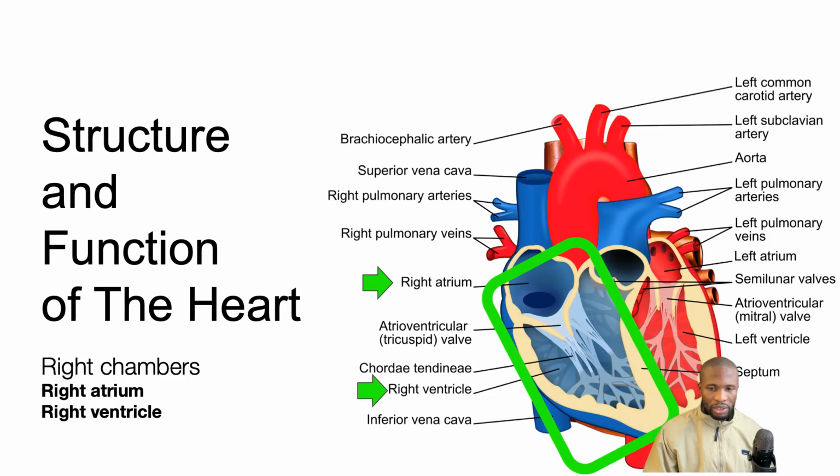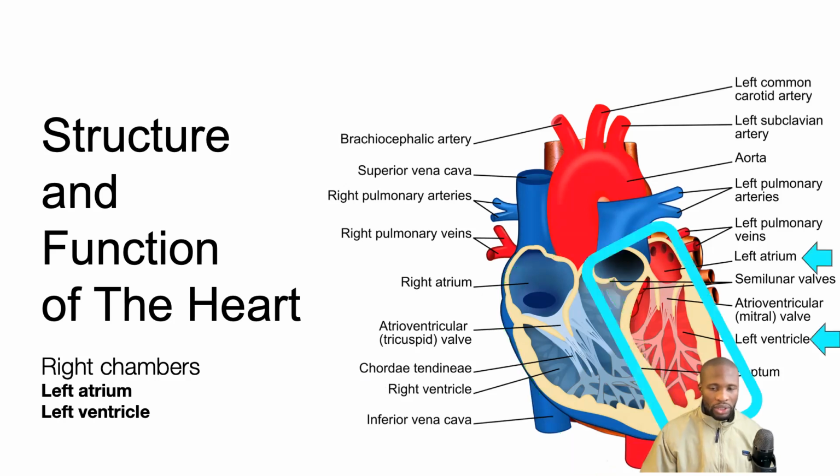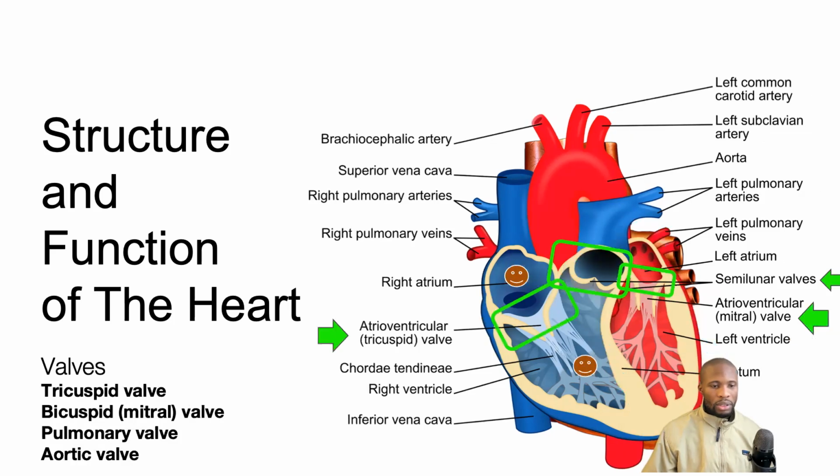So the four chambers are going to be those different rooms that you can walk into. As I mentioned, here we have the right atrium and then the right ventricle. And sure enough, we look on the left side, it's mirrored also. We have the left atrium, and then we have the left ventricle. So these are the four different rooms that we have in the heart.